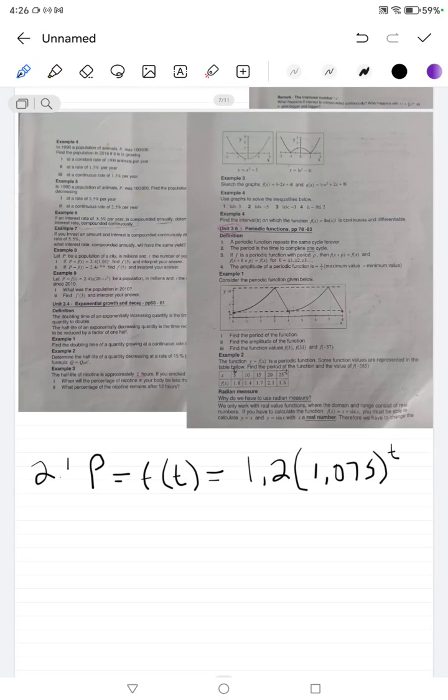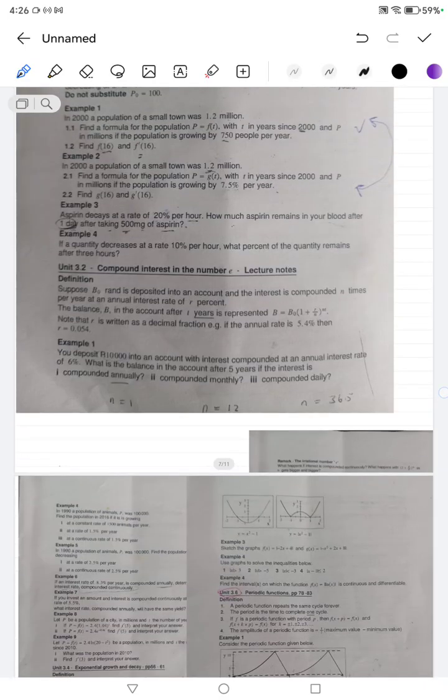In this example, you know that we always have our a equals 1 plus r. But now they're saying aspirin will decay at a rate of 20%. So now our new a is going to be 1 minus 0.2.